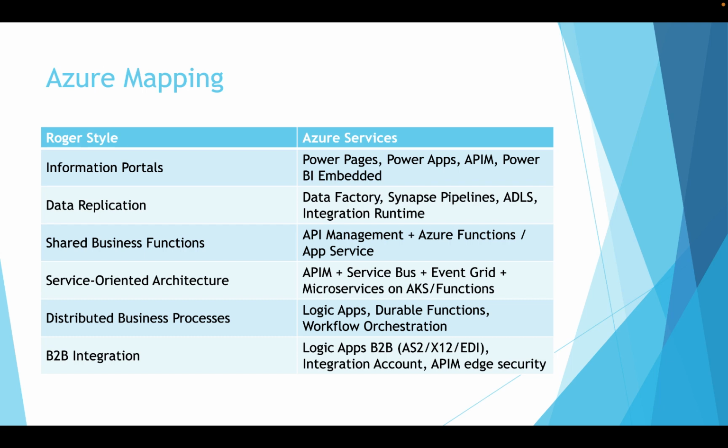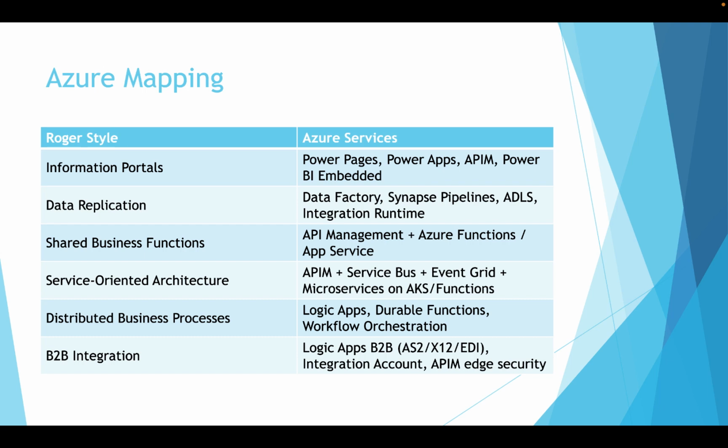For data replication, it is very common to use Data Factory, Synapse and Synapse data pipelines, ADLS, and integration runtime. And for shared business functions, we use again API management, Azure Functions, and app services. When it comes to service oriented architecture, it's microservices, so we use AKS, and we use functions if event driven, and Service Bus and APIM.